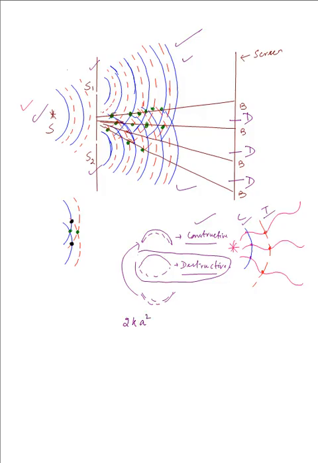Now, they would have had 2Ka squared at every bit. 2Ka squared here, 2Ka squared here, 2Ka squared here. So this would have been the case with intensity at every point on the screen.